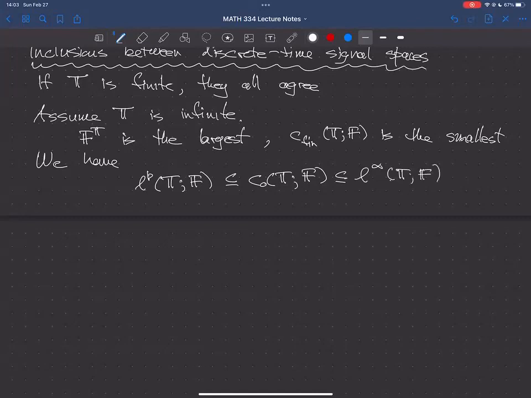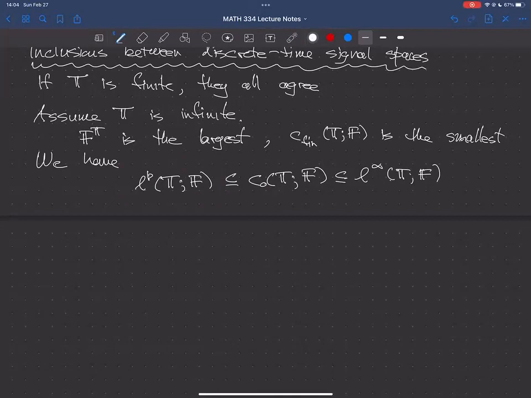So the only thing remaining to decide is the relationship between the LP spaces with each other. As P gets larger or smaller, do these things become related? Let's think about this in the case of P equals 1 and 2, and then the general case follows by similar reasoning.